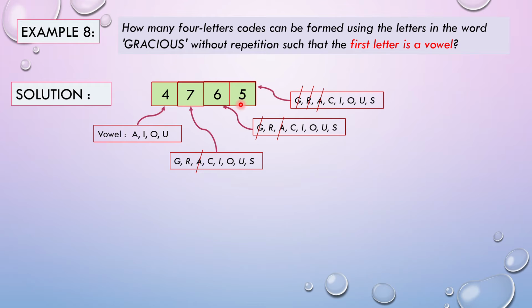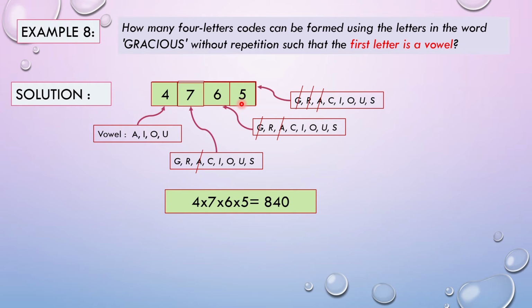So now see, this is how the box method works, especially when you have a condition to follow. For this case, the first letter has to be a vowel, so we have only 4 options here. That is why we fulfill the first box with the condition, then you reduce the letters by 1 each time.